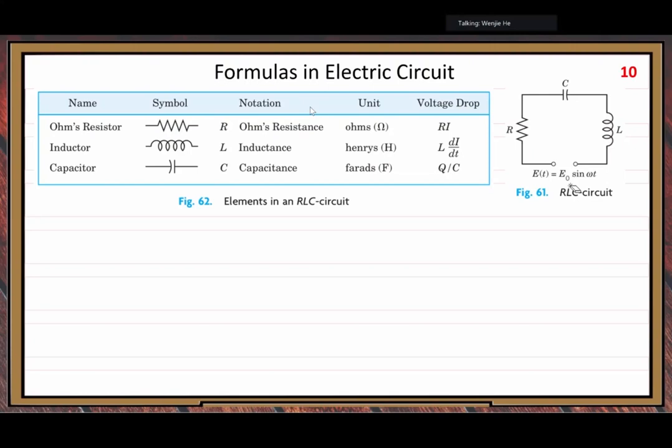We need to learn the relationship between current I and Q. I equals the derivative of Q with respect to t. And also, we can write Q as the integral of the I function. So that's the one last time we use it.